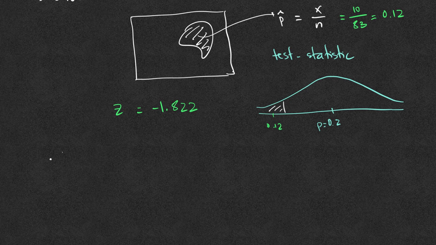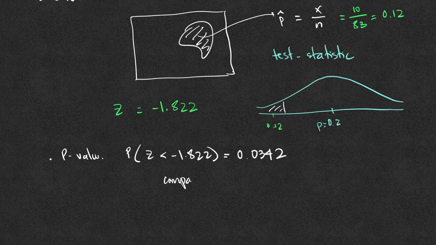Then we assess the evidence by computing the p-value. This is the probability that we would get such extreme values, assuming that the null value is true. We get a p-value of 0.0342 in this case. Then we compare this to the significance level. Usually, the significance level is 0.05 unless stated otherwise.